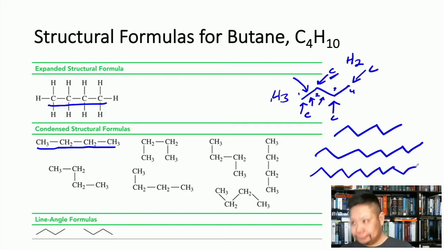Yep, I was right. Palmitic acid has 16 carbons. Imagine having to draw all 16 of those and all the hydrogens that go with it. That would be rough. That would be really rough.